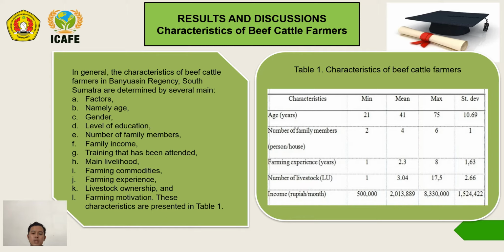Farmers who state that their side jobs are farming or breeding were 51%, and 26% were farm laborers, and 8% were working in the service sector, 9% were traders, and 1% were private laborers and entrepreneurs.